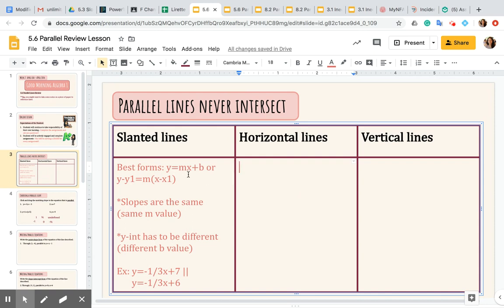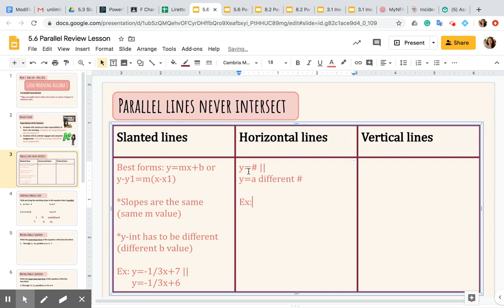All right, for horizontal lines, you only have one variable. If you notice in these equations here, I have a y, I have an x, in each one. Horizontal lines only have a y. So for example, if I give you an equation where it says y simply equals a number and there's no x, this is going to be parallel to y equals a different number.